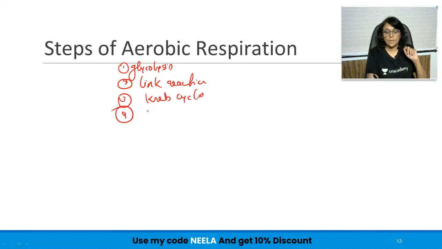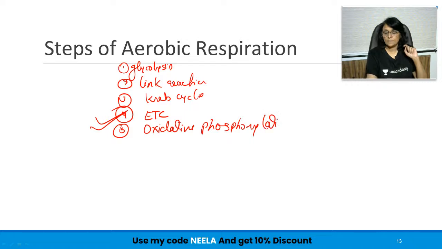And the fourth is electron transport chain, and this is what we will be talking about in detail today. And the last is oxidative phosphorylation. So we plan to discuss these two steps, and this will complete our aerobic respiration.